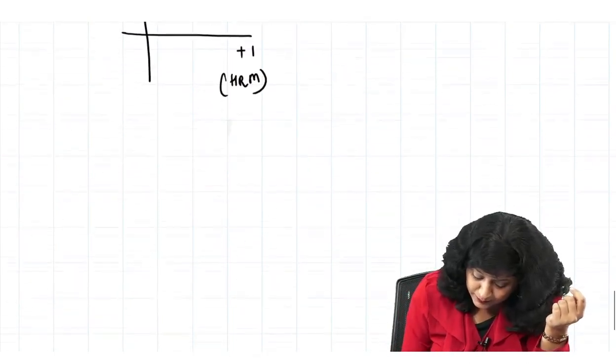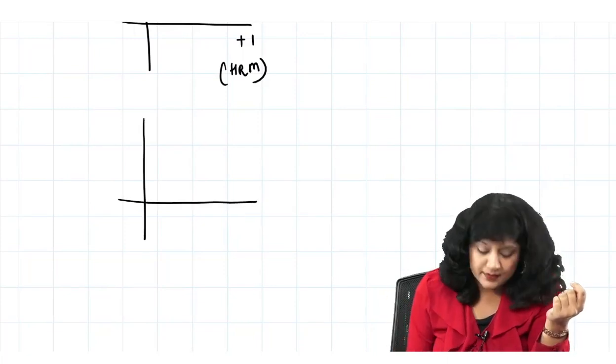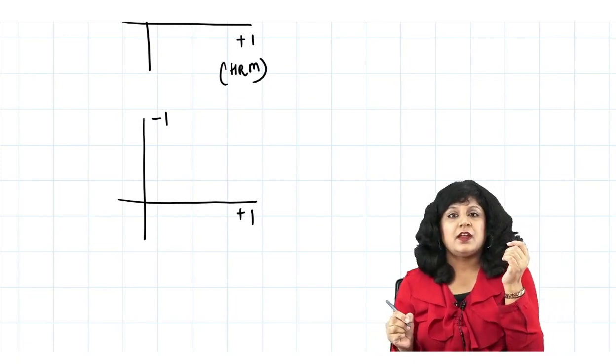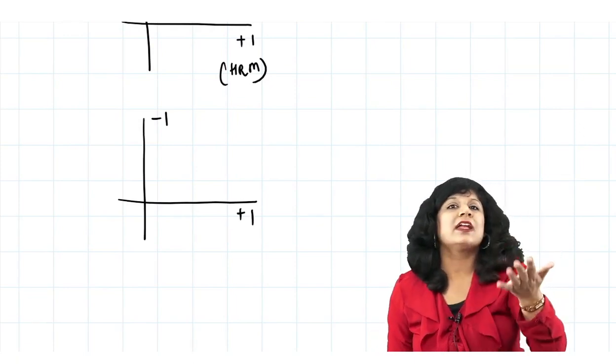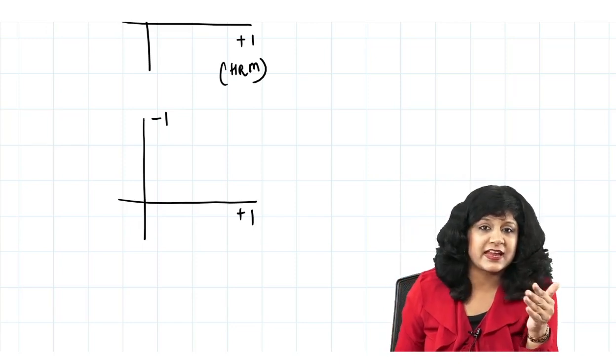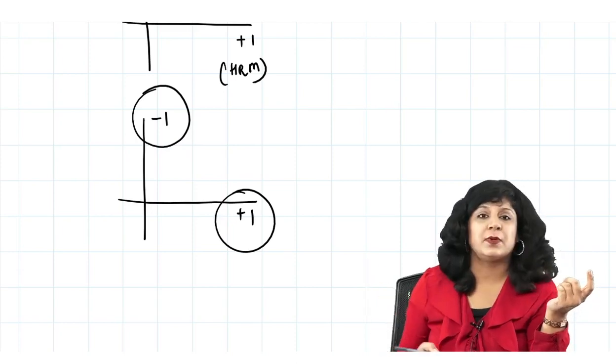Now let us take one more example. Suppose I am having -1 here and +1 here. Okay. Now don't go into the intricacies. How can this be there? Okay, I am just taking different examples. This is a case of mixed astigmatism. One is -1 and another is +1.